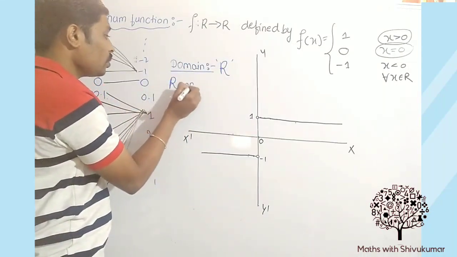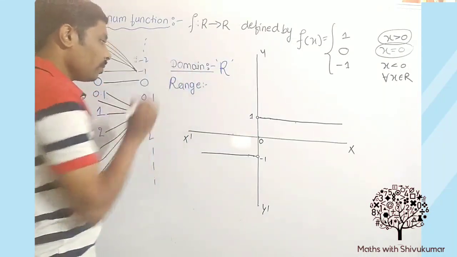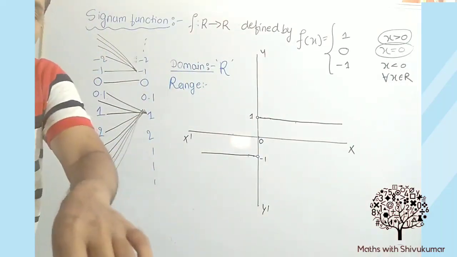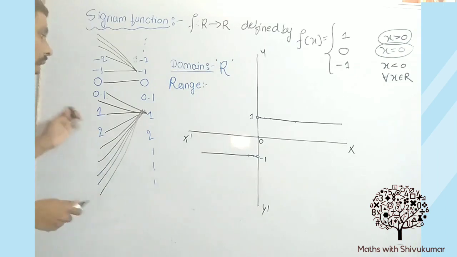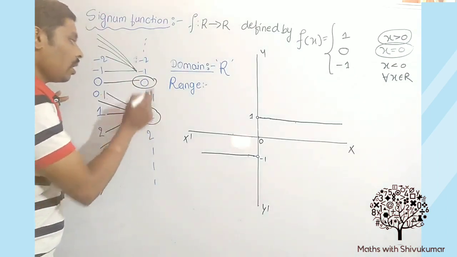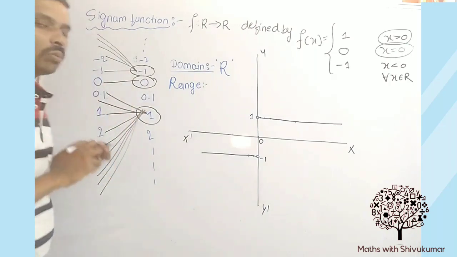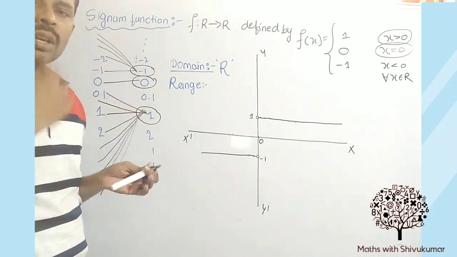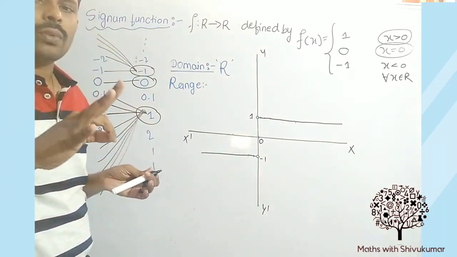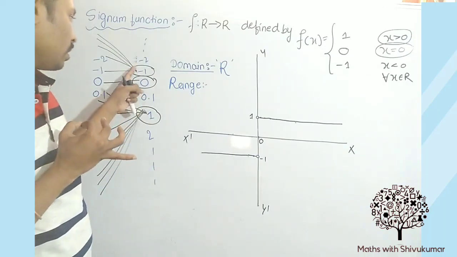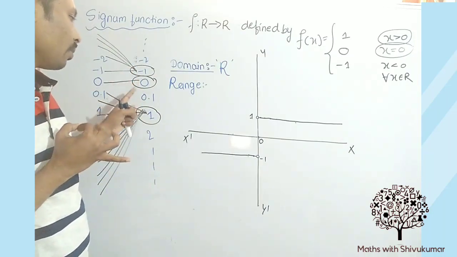What about range? Very important one, no? Tell me, what is the range? What output is coming? Look here, either we are getting 0 or we are getting 1 or we are getting -1. Means only 3 numbers are coming as output. Which 3 numbers? One is -1, one is 0, one is 1.